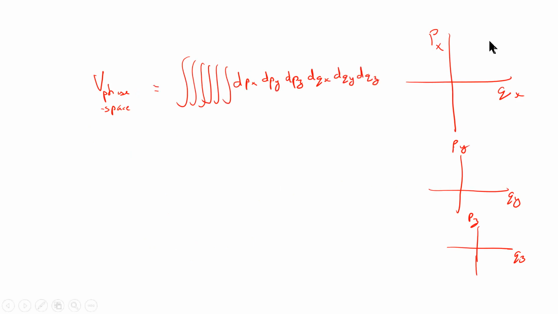This concept is because to denote a particular particle, you need its position and its momentum. To denote a point in phase space, you need its position and momentum.